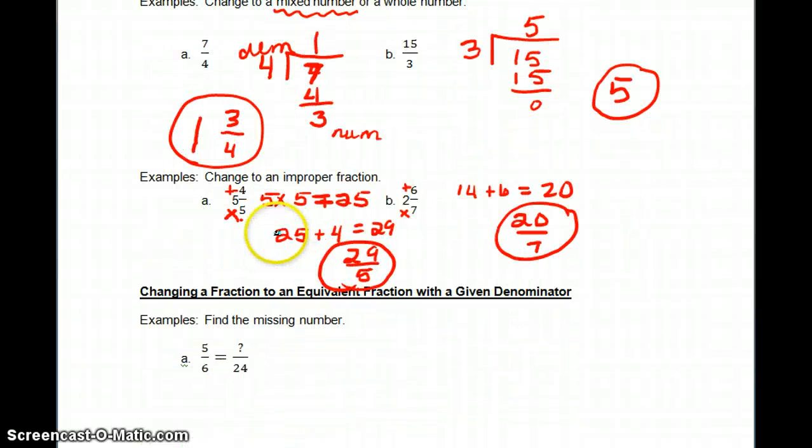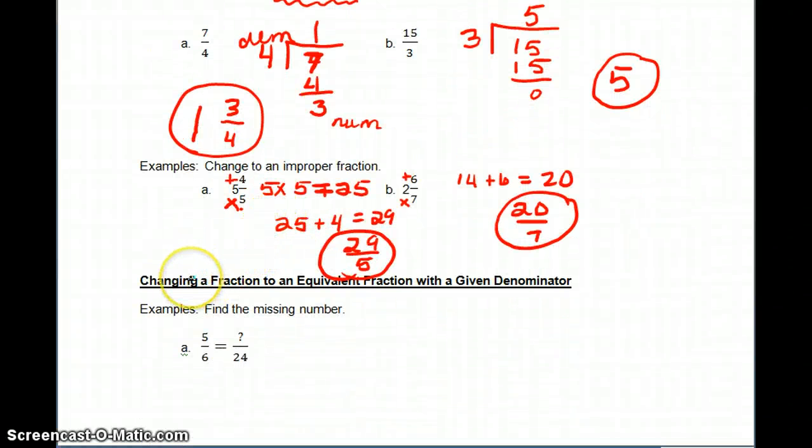And the very last example that I have for you today is a problem in which we are asked to find the missing number, where we're creating an equivalent fraction with a given denominator. So the simplest way to do this type of problem is to ask yourself, what did they multiply by to go from 6 to 24?